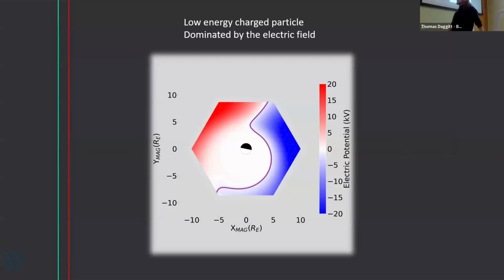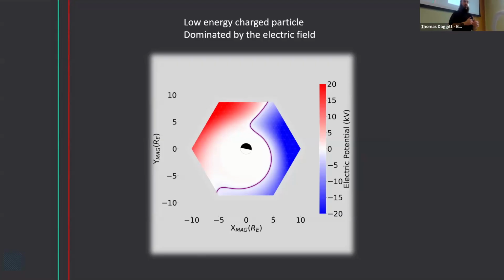Okay, so with that finally in place, I can start to do some very basic particle tracing. In this case, I'm just going to show you a couple of plots that show the difference between the different energy ranges and what dominates the motion in each.